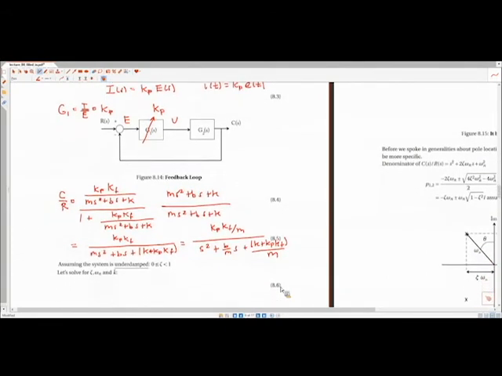Yes? How did you know that G1 was I over E? So that was basically given the construction of the system. Our input to our system is current, right? That's what drives the system. And so the controller is always going to be relating via this loop.